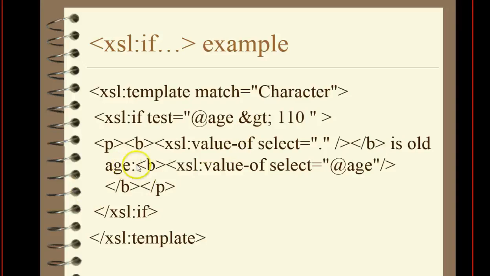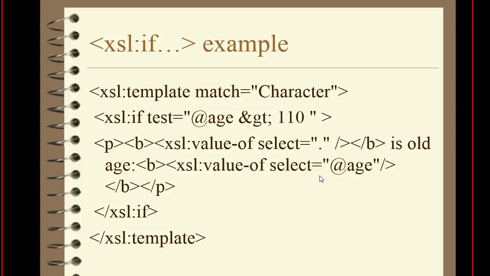Okay. All right. So basically, what this is going to do is the if starts here. Here's the end. If this is true, then we'll put this stuff into the output, which is going to be a paragraph, a deprecated bold tag that we don't use anymore. That's old school. The current value of the character, which is their name, is old age. So it'll say something like Methuselah is old age, and then it'll show the age.